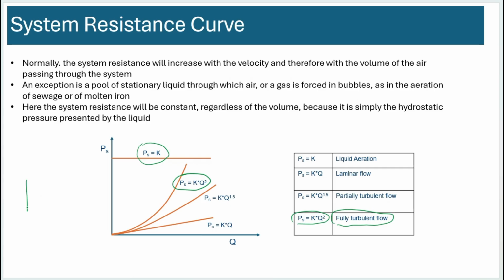A typical airflow resistance curve for any system will look something like this. If it is a fully laminar flow, which is not the case for most fan applications, in all the appliance scenarios for sure, it will be a straight line. And if it's partially turbulent, it'll be somewhere between those two, slightly curved.